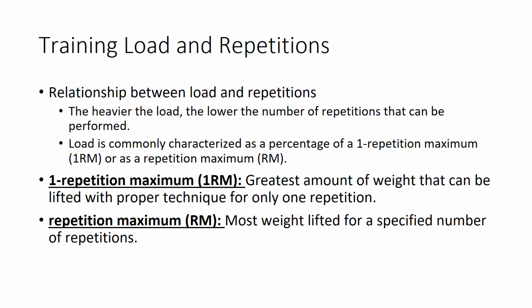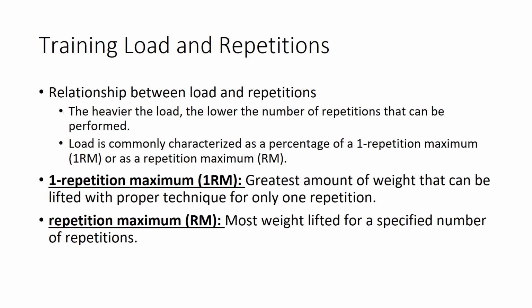When we think of repetitions, this refers to the number of times an exercise can be performed. And the heavier the load, the lower the number of repetitions that can be performed. So when we are assigning training loads for our athletes, we commonly characterize this as a percentage based off a 1 repetition maximum, or 1 RM, or as a repetition maximum, RM.